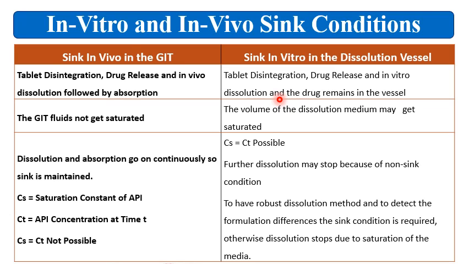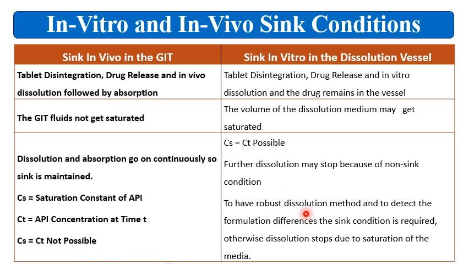So there is no absorption, no take away of the API concentration from the dissolution media. So the volume of the dissolution medium is the same and it may get saturated. That means here in vitro the Cs may come to Ct. Further dissolution may stop because of the non-sink condition.